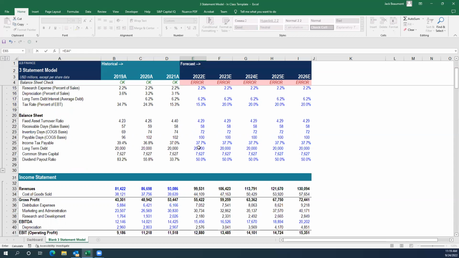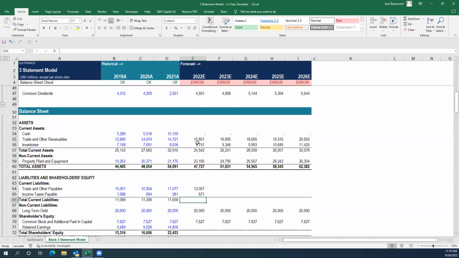So our forecast assumption is 37.7%. And so that's going to be based off of our taxes, because that's how much we would assume at the end of the year that we still owe in taxes. Okay. Copy this across now. Copy those formulas. Okay, so go ahead and do the same for these.